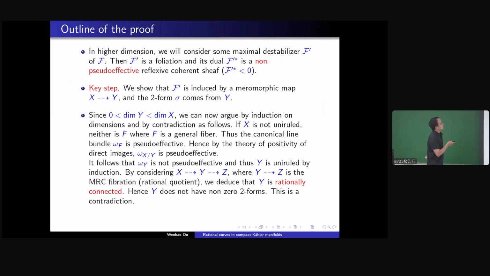The most important step to prove is that this F prime is induced by a holomorphic map. Once we can show that, we can also show that the two-form sigma comes from Y. So now we produce an additional structure from X to Y, where the dimension of Y is between 0 and that of X. The remainder is just to prove by induction on dimensions. And that's the idea of our proof. Okay, I think I will stop here. Thank you for your attention.